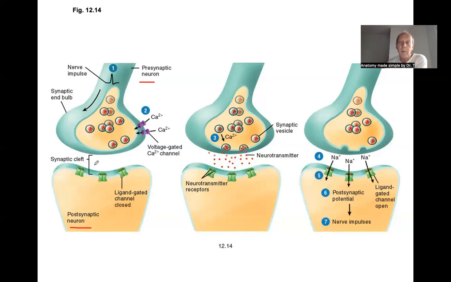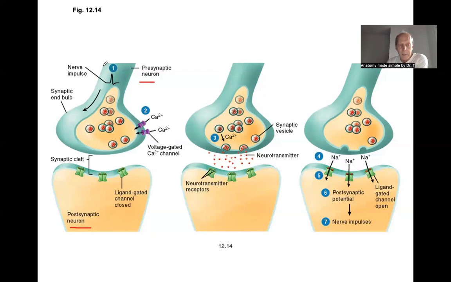It is less than a micrometer, but it is still a cleft. There is no physical contact between the pre and postsynaptic cell. They can communicate with each other only by using neurotransmitter molecules. And the purpose of this diagram is to explain how that happens.